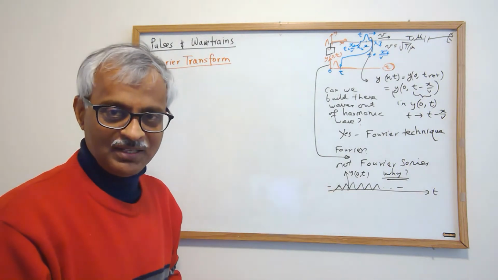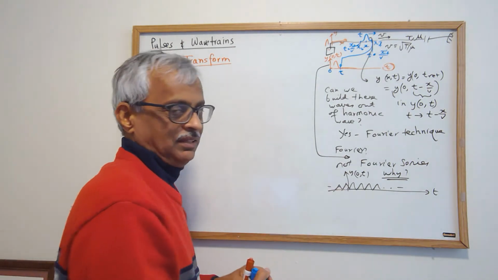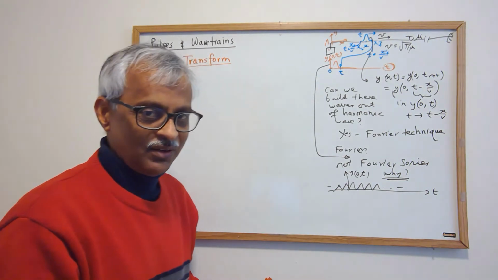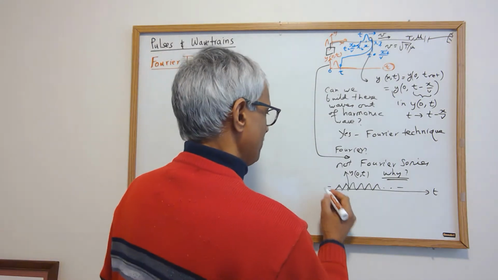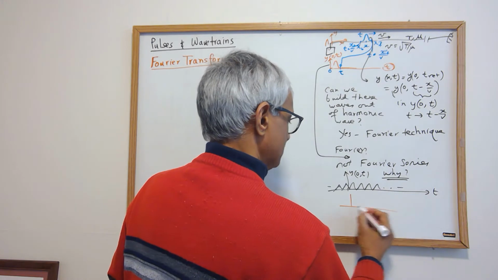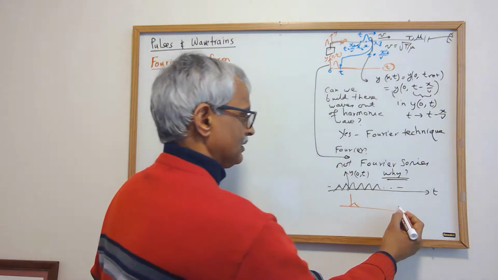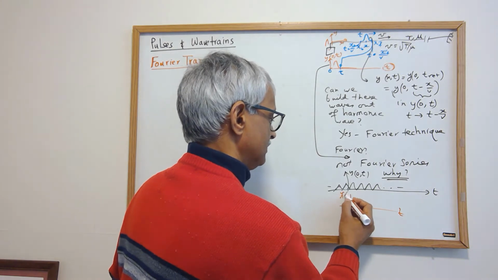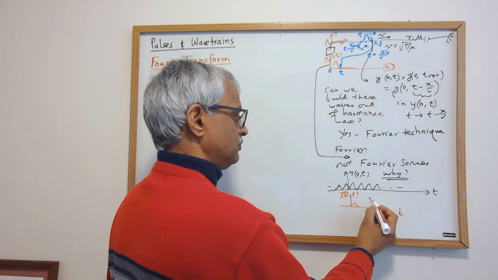I have a period, so I can have a Fourier series of this, right? But if you have just one of these, I cannot have a Fourier series because there is no period. So if I have just one of these, y at 0 versus t, I can't have a Fourier series.